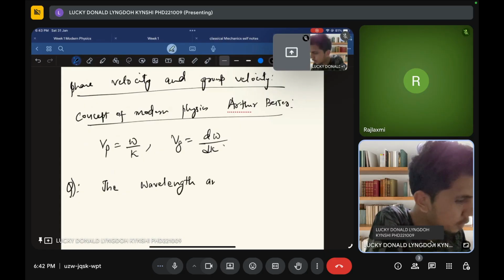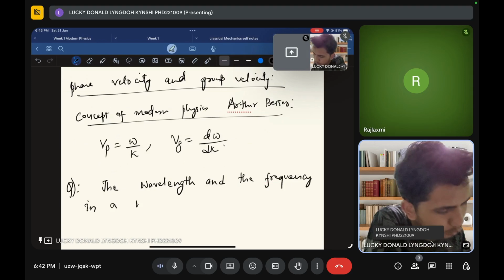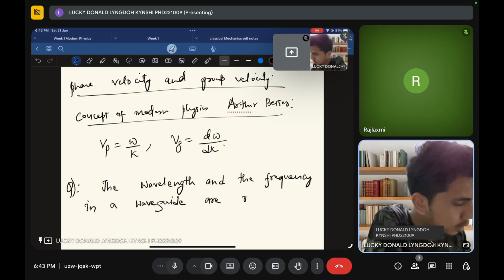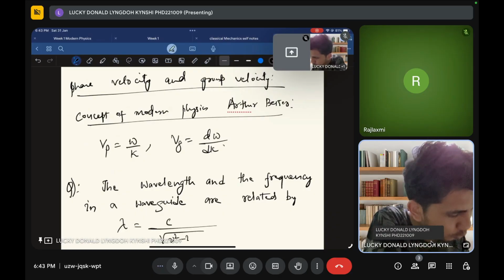The wavelength and the frequency in a waveguide are related by lambda equal to c over root of mu square minus mu naught square.